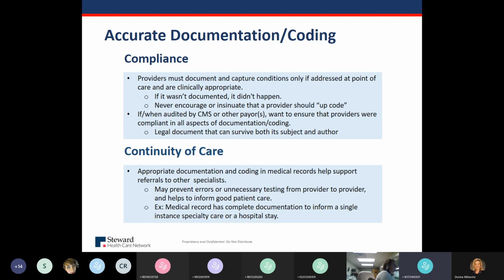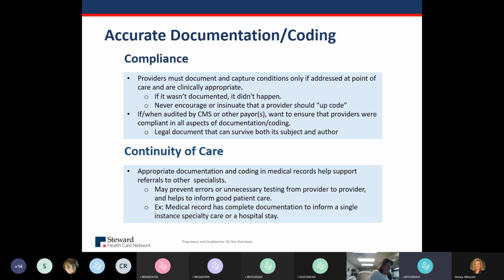So, accurate documentation and coding. Providers must document and capture conditions only if it's addressed at point of care and clinically appropriate. So if they didn't talk about it at that visit, it can't be coded for or put on a claim. If it wasn't documented, it didn't happen. We never want to encourage a provider to upcode.